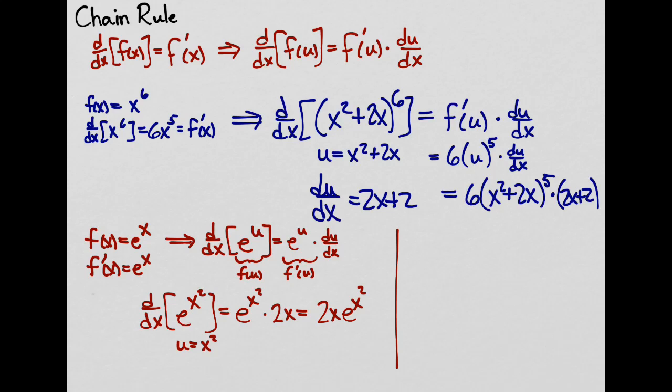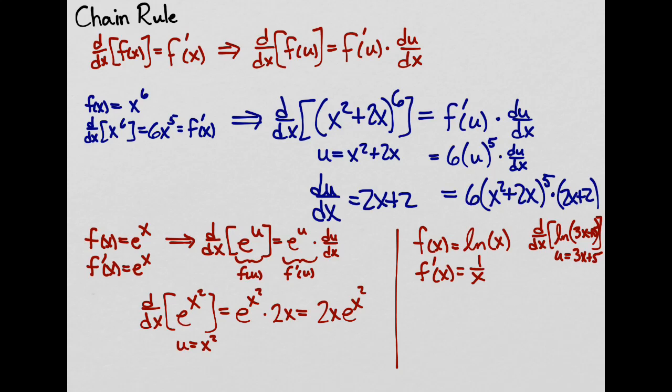Similarly, if I have logarithms, if my original function were the natural logarithm function, we know its derivative function is 1 over x. And so if I want to take a derivative of the natural log of some formula, like 3x plus 5, my u is the expression 3x plus 5.